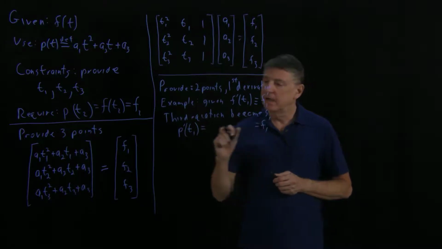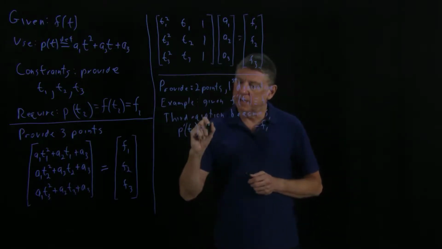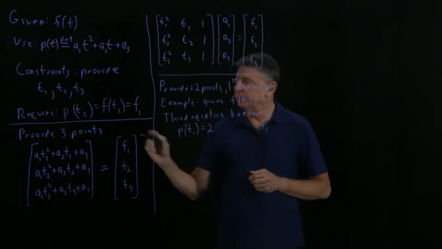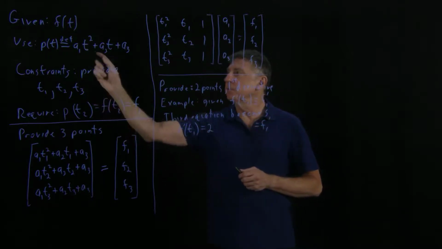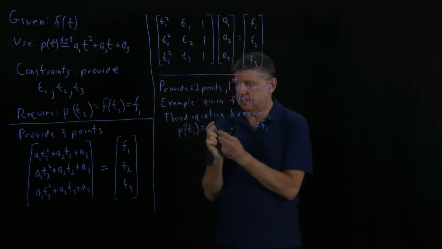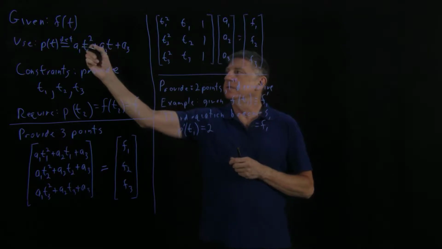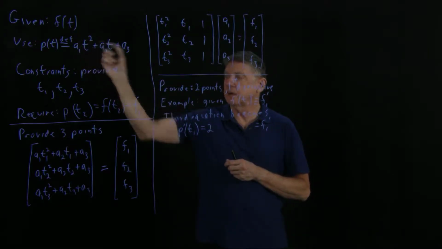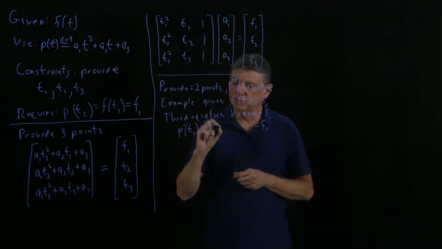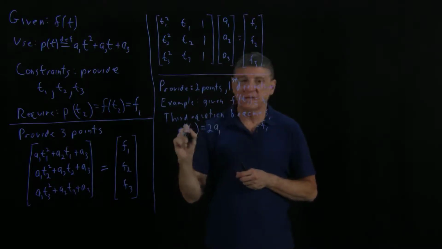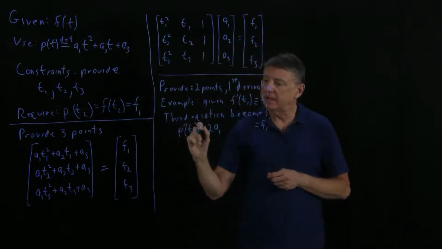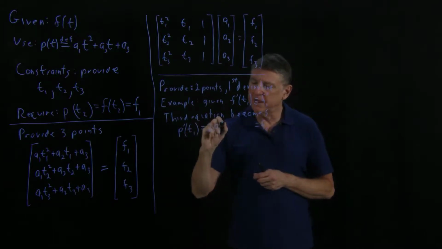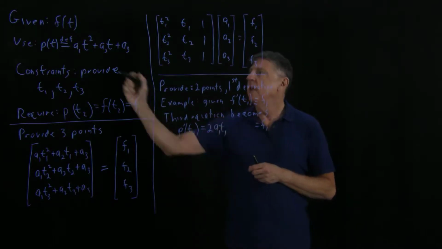That is, we want our approximation to have the same slope at t1 as the function has at t1. And that would imply that if we differentiate this polynomial with respect to t, the first one is 2t times a1 times t. So that'll be 2a1, and now I'm saying I'm going to evaluate that at the first point, 2a1t1.